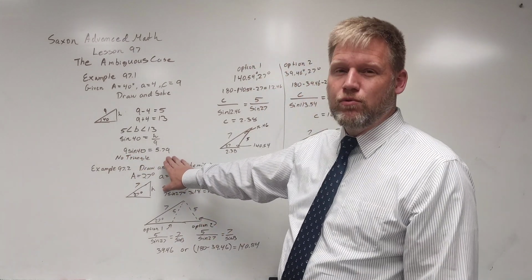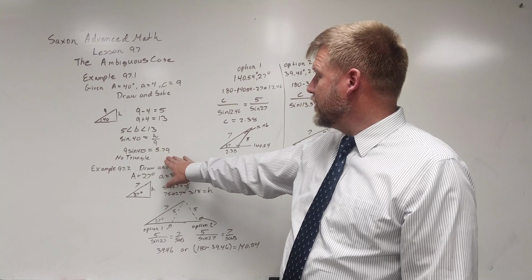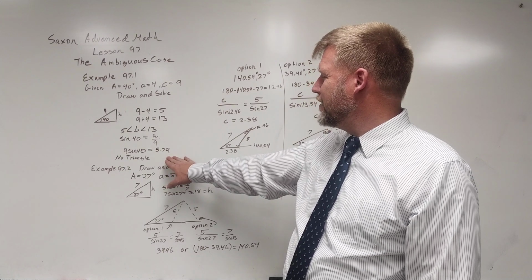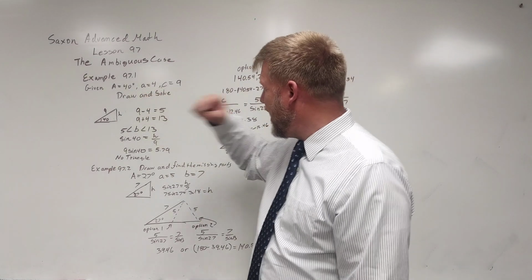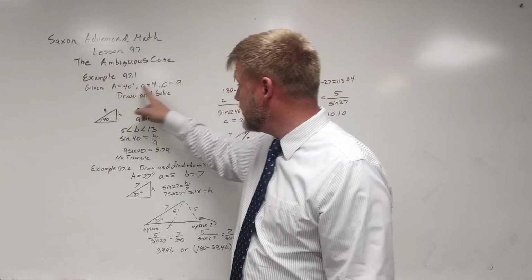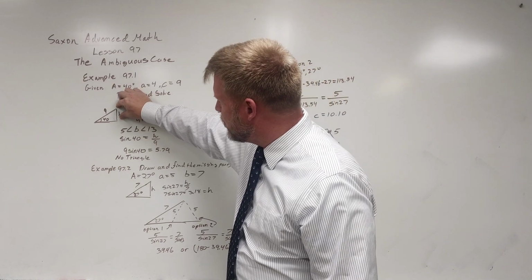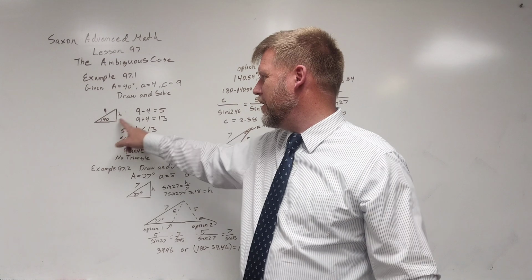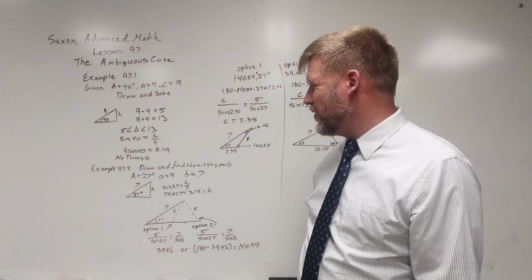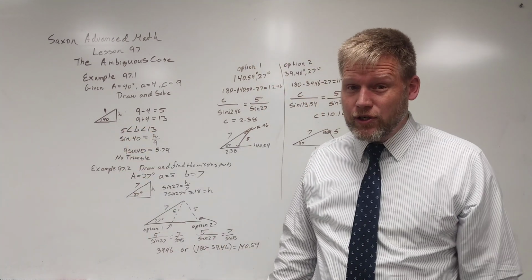This is where my issue comes up. Because if my height is 5.79, and I have a 4 as my little a, the side opposite the angle, that means this little 4 is too short to reach the height. It won't reach on this side, and it won't reach over here. So no triangle exists. And that's the first thing you want to check on these.